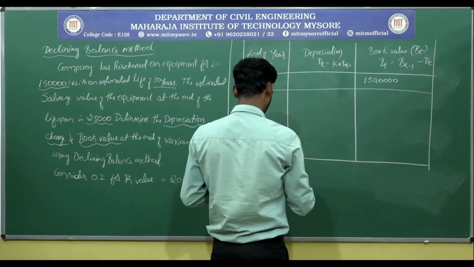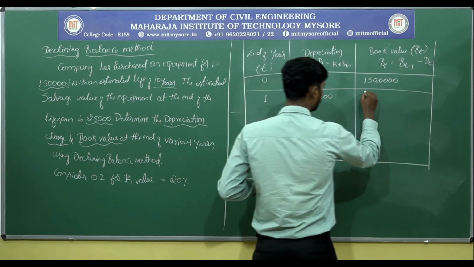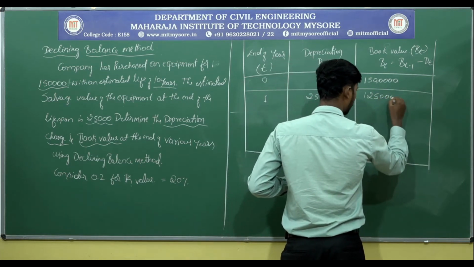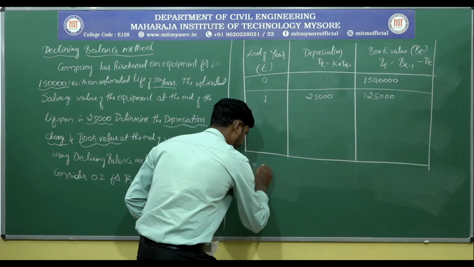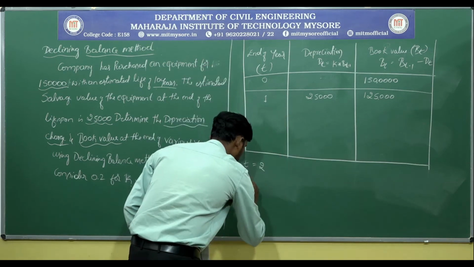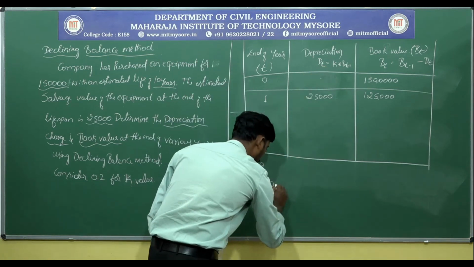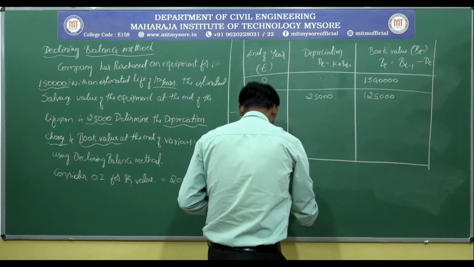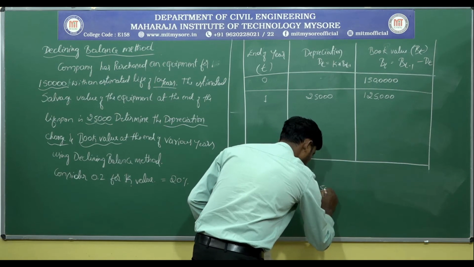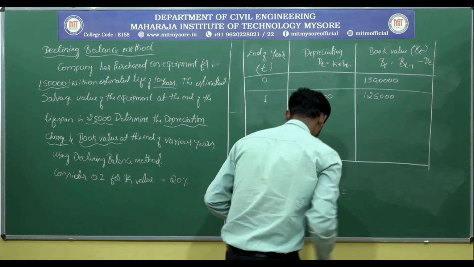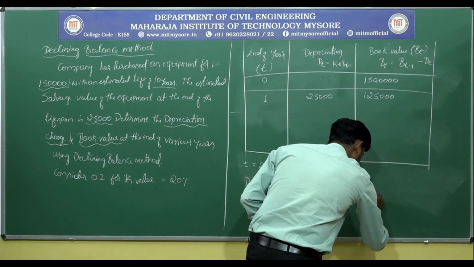And next, when you move on to 1, just now we calculated the value for 1, this is 25,000 and this will be 1,25,000. Same way if you want to calculate when t equals to 2, d2 equals, what is the value? K constant, that is 0.2 multiplied by 1,25,000 minus 25,000, which will give us 20,000.